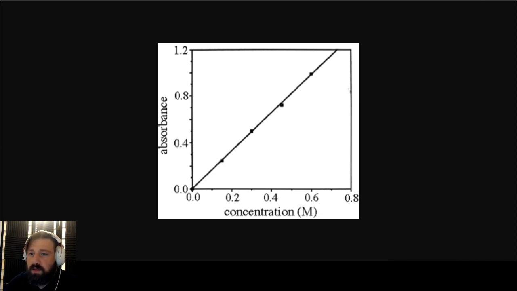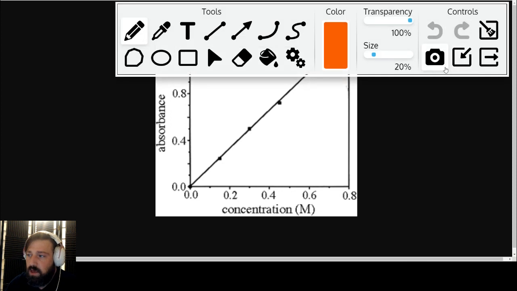What do I mean by it's going to be helpful for unknown concentrations? Oh, geez, it's really big. Oh, well. Let's say I have an unknown concentration. I know it's copper sulfate. I don't know what the concentration is. My lab partner just handed me the vial and said, here you go, there's some copper sulfate. And I'm like, did you get the concentration? No. Ah, geez.